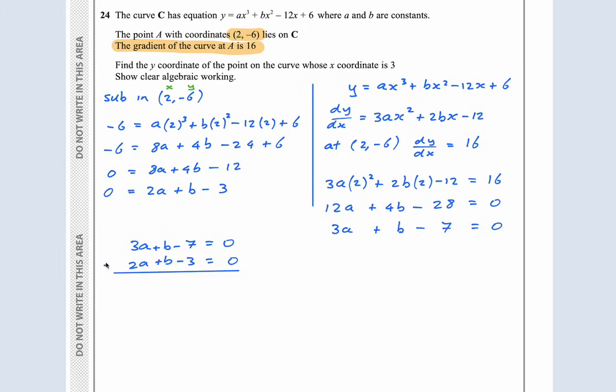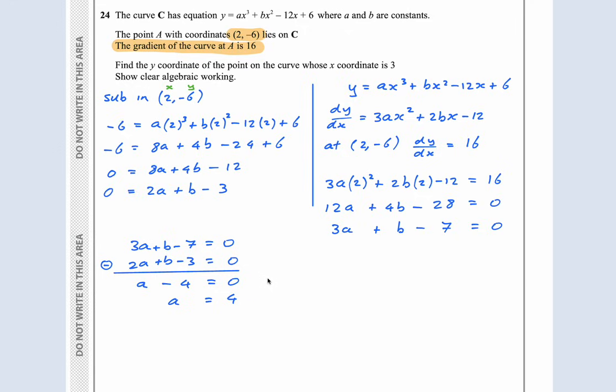I'm going to subtract, because the signs are the same. 3a minus 2a is 1a. This is gone. Careful here. Minus 7 plus 3, because I'm minusing a negative 3. So minus 7 plus 3 is minus 4. So a minus 4 equals 0, which means a is equal to 4.